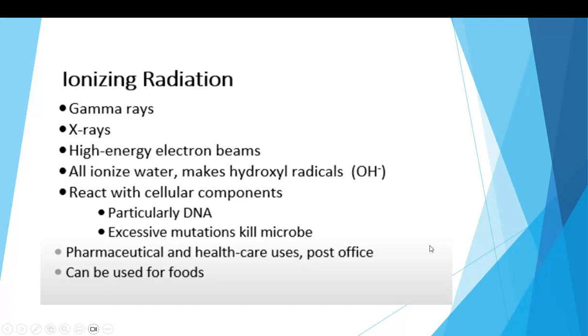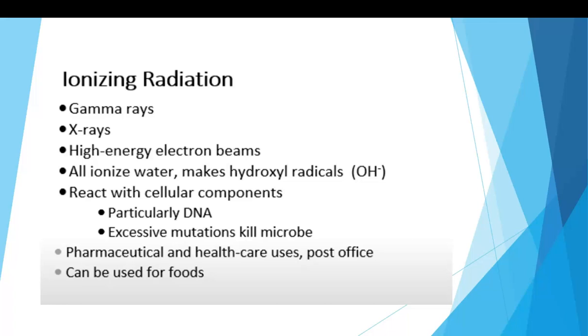So then the next technique in the physical methods for the control of microorganisms is ionization. This is radiation, and we have two types of radiation: ionizing radiation and non-ionizing radiation. Ionizing radiation is much stronger.